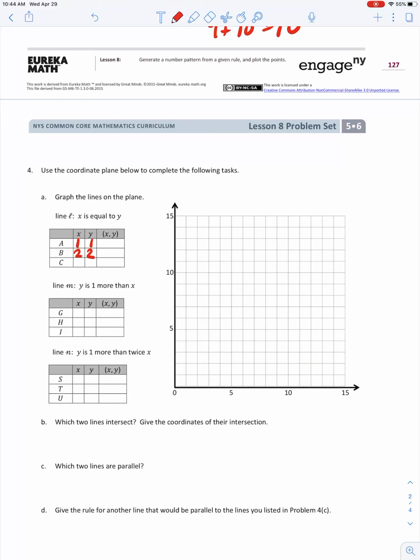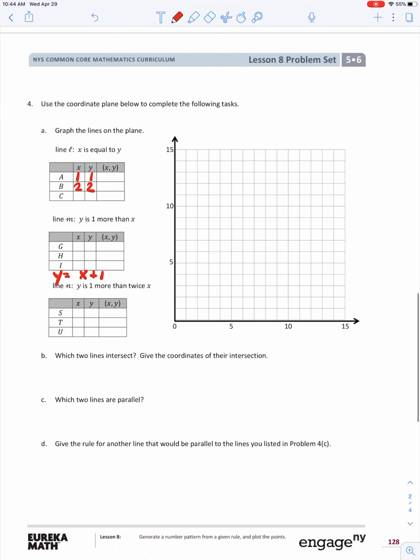So this would be, the y would equal x plus 1. And then we're down here. This one is y is 1 more than twice x. So this would be y equals 2x plus 1.